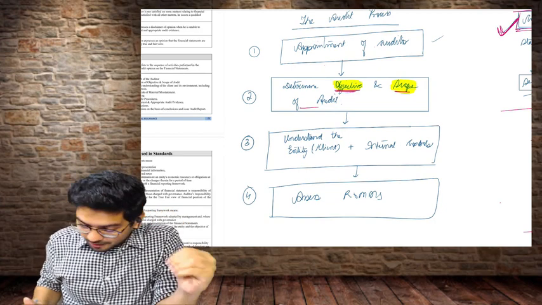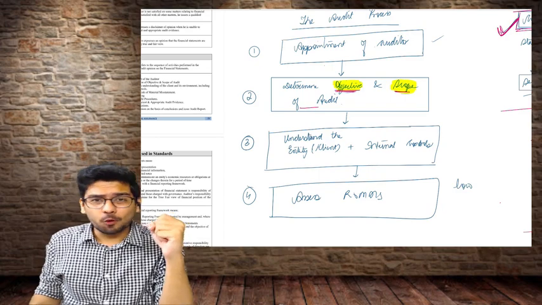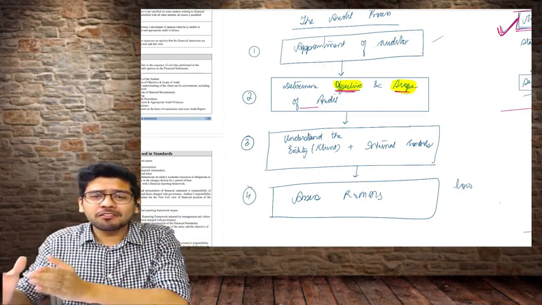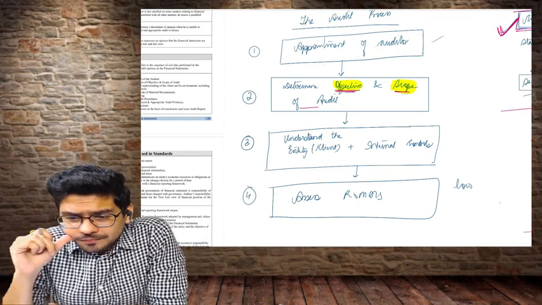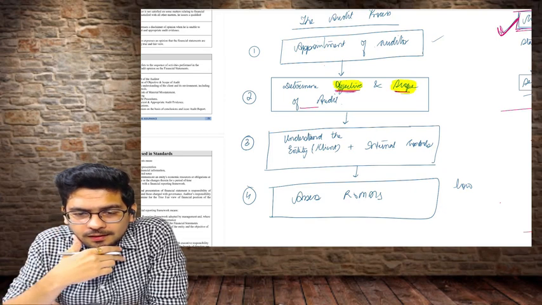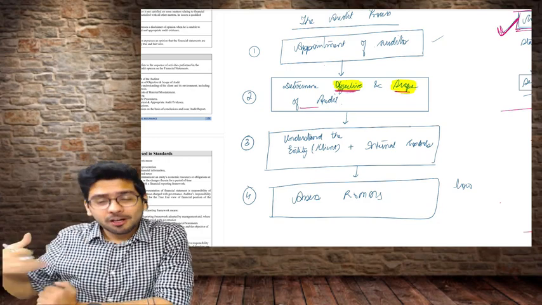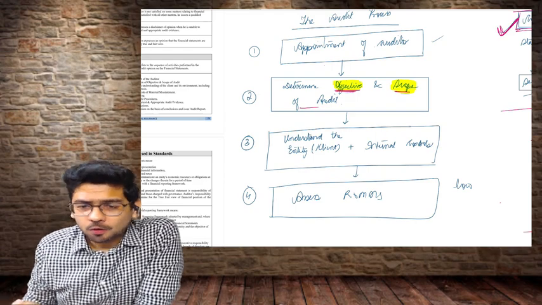Now let's say the risk of material misstatement that we have assessed is low. What impact will it have on our auditing? If I assess that the risk of material misstatement is low, will it impact our auditing in any way? Yes, how?